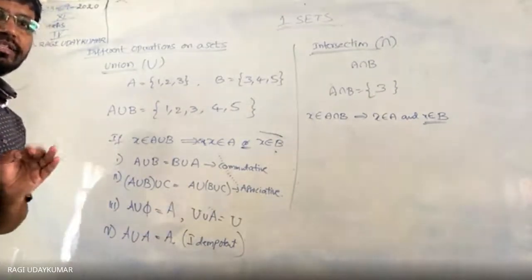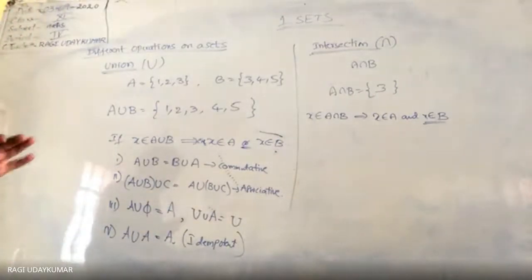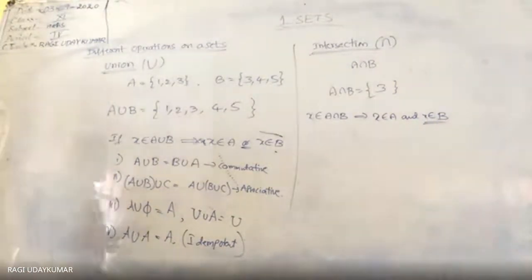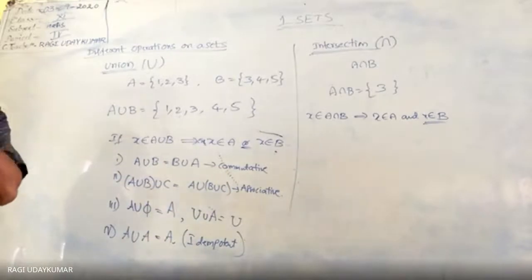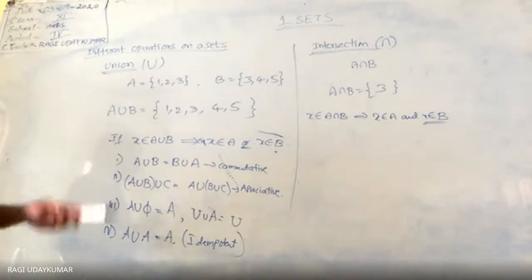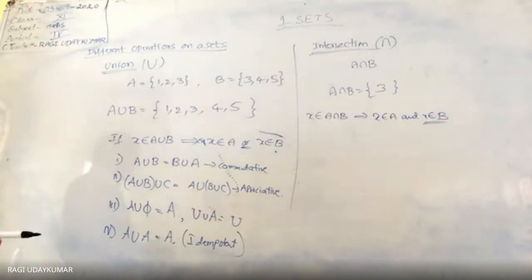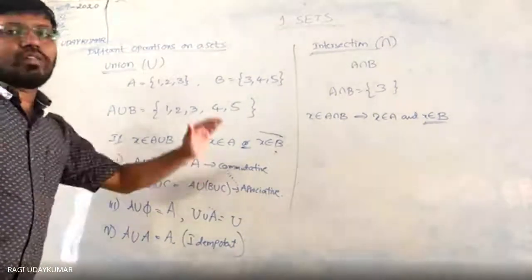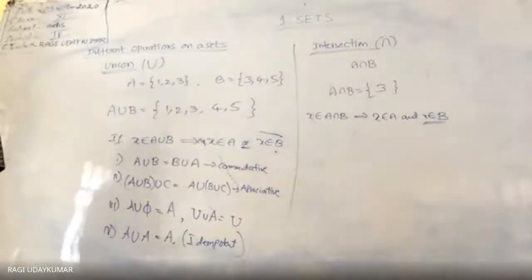The next property is the distributive property. Whenever you consider distributive property, it is very simple here: you are going to have the distribution of the property along with the union and intersection. Union and intersection together give the distributive property. In the same way you are going to have all these properties in case of the intersection also.